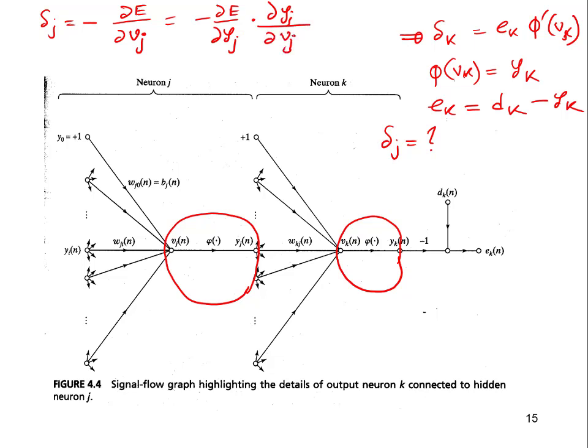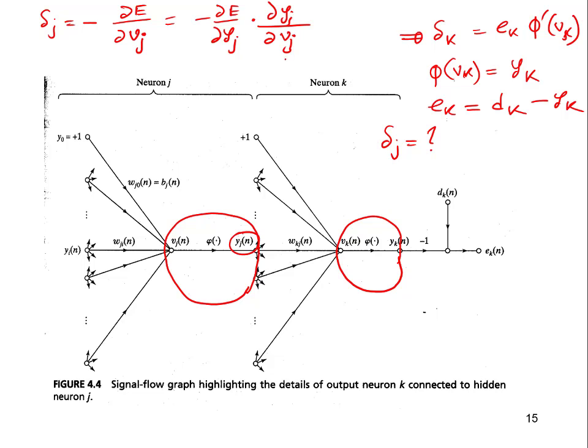From here you can also see how the overall error depends upon the value of yj, and yj is in turn dependent upon vj. So we can say yj is differentiable with respect to vj, and this can be represented with the chain rule.